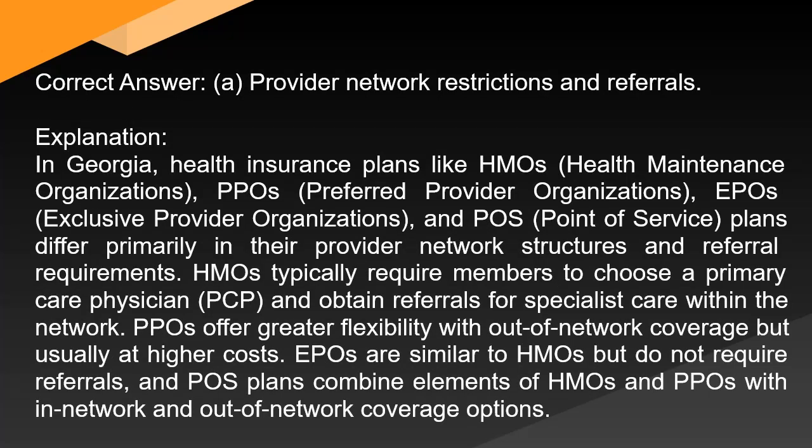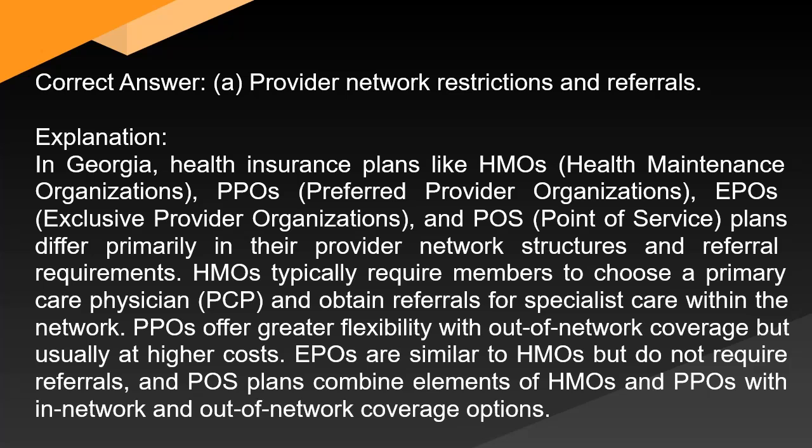Correct answer. A. Provider network restrictions and referrals. Explanation. In Georgia, health insurance plans like HMOs, health maintenance organizations, PPOs, preferred provider organizations, EPOs, exclusive provider organizations, and POS, point of service, plans differ primarily in their provider network structures and referral requirements.